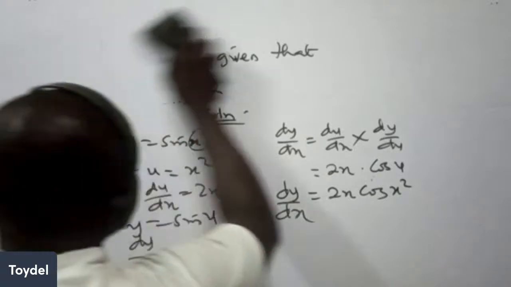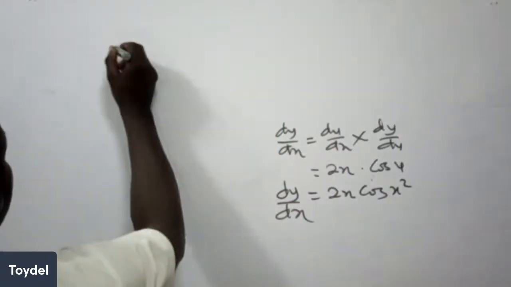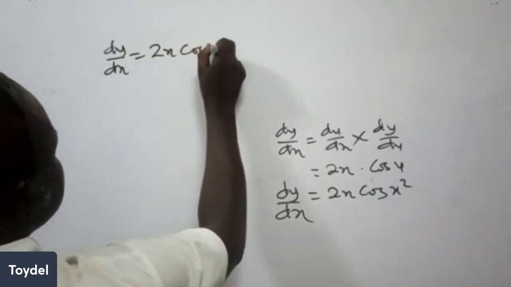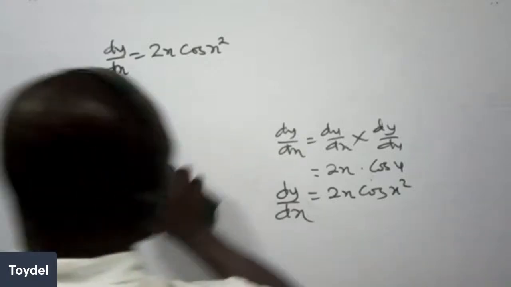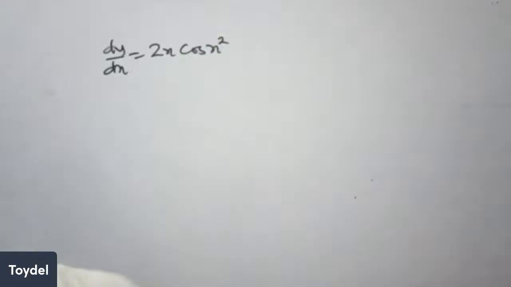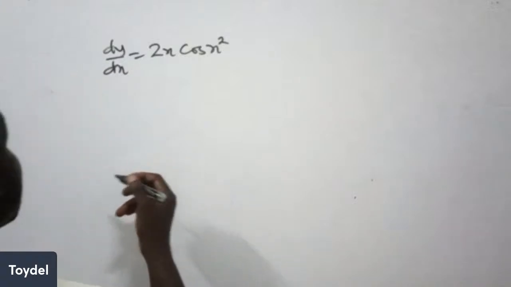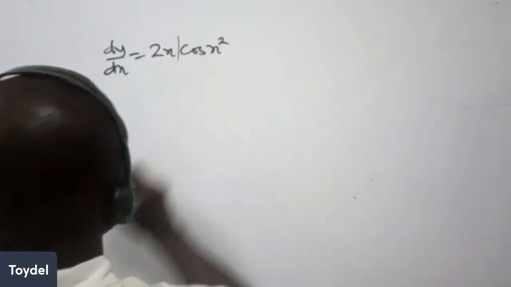So we go ahead and take the second derivative. We have gotten the value of dy/dx as 2x cos x squared. So for us to be able to take the second derivative, we are going to apply the product rule because this is the product of polynomial and trigonometric functions.